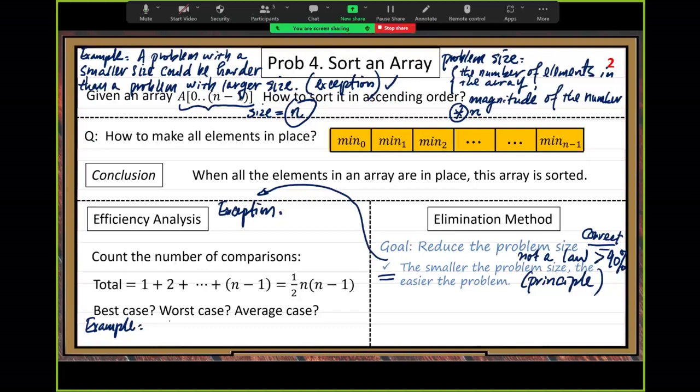Consider this problem. We want to do prime factorization of a given positive integer n.